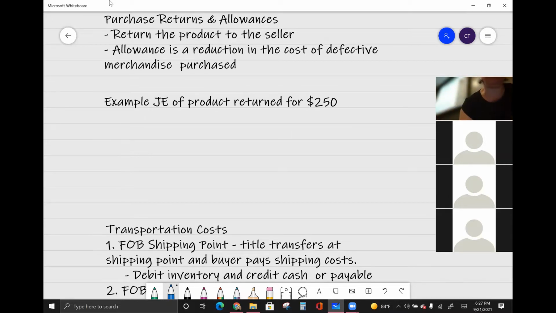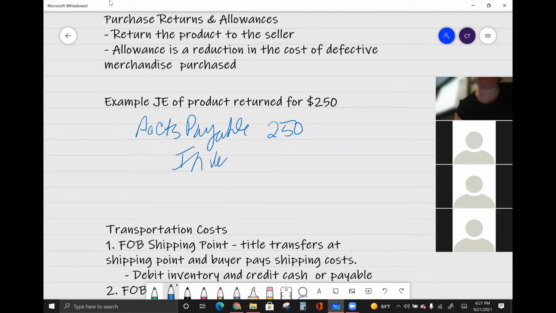So we're going to do a debit to accounts payable for $250. We're going to credit the inventory for $250 because we've returned that. Okay, so now on my books, I'm only showing I owe Epson $250 for the projector, right? And then I show on my books that I have $250 worth of inventory because I've reduced it.